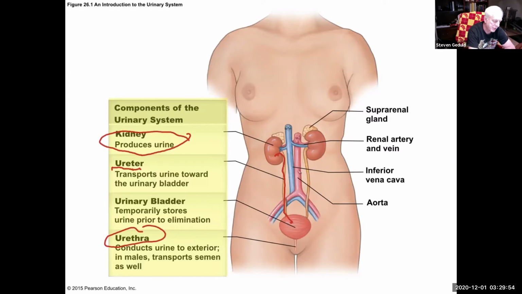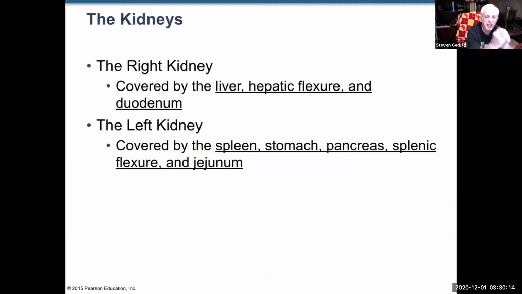So you have your kidneys. Above each kidney, you have what's called a suprarenal gland or an adrenal gland. You have renal arteries and veins feeding into the kidneys through your hilum, and you see the aorta and the inferior vena cava running down the center. The right kidney is covered by the liver, the hepatic flexure of the large intestine, and the duodenum.